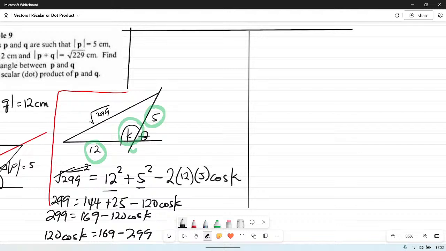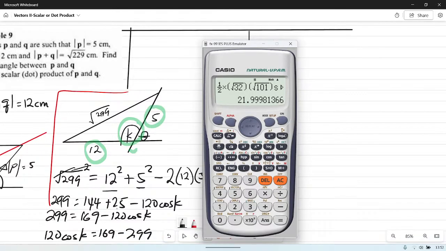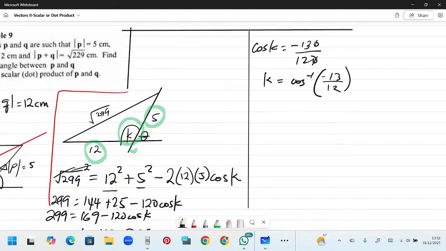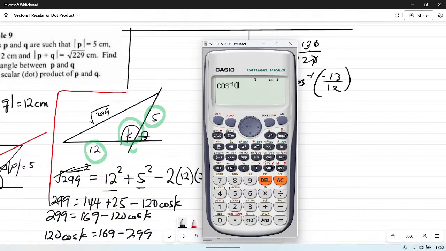I want to get this cos k. 169 minus 299 is negative 130. 130 over 120. What's the inverse of 130 over 120? Math error.